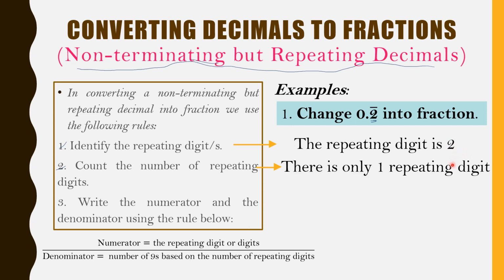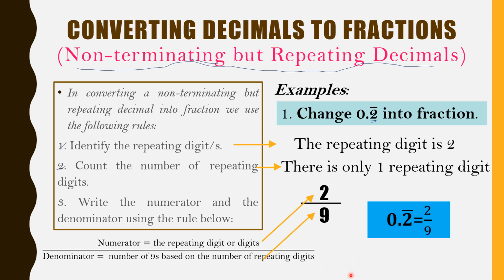And then we follow the rule for step 3. Our numerator is the repeating digit, which is 2. And our denominator is a 9, only one 9 since there is only one repeating digit. That means that 0.2222 or 0.2 with a bar on top can be expressed as 2 over 9.